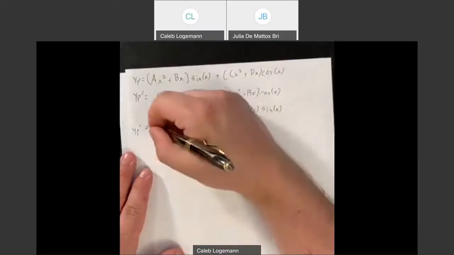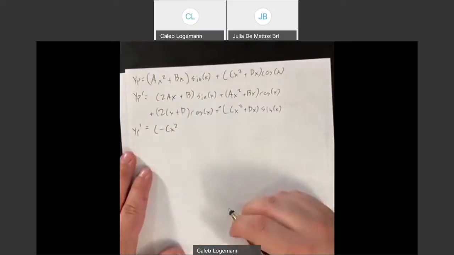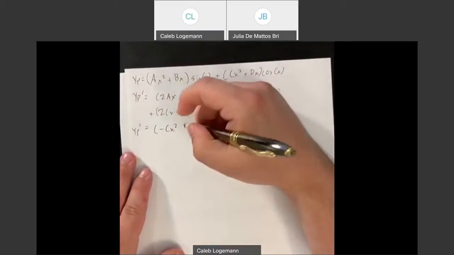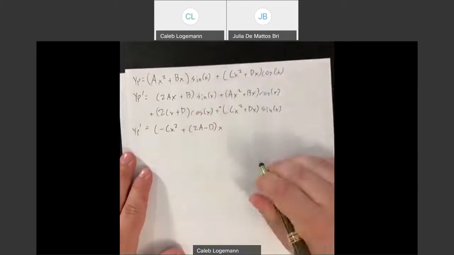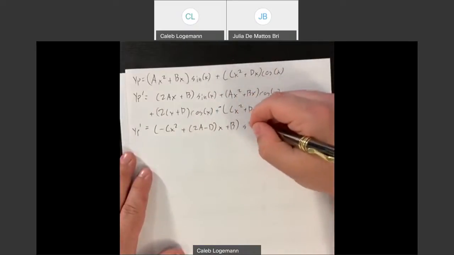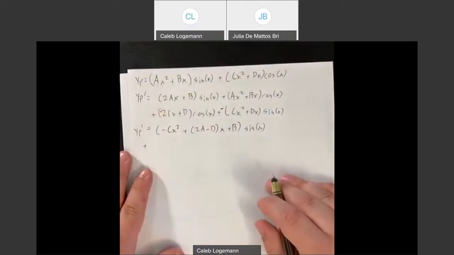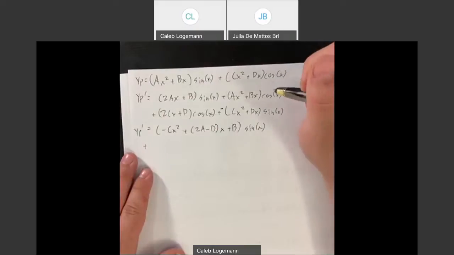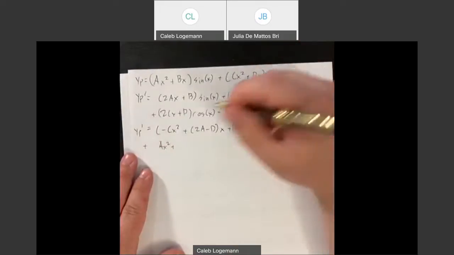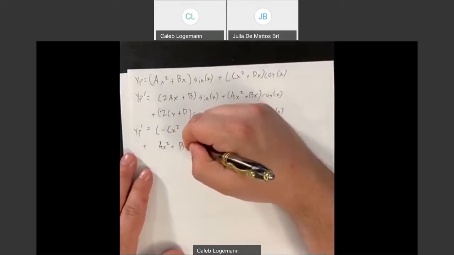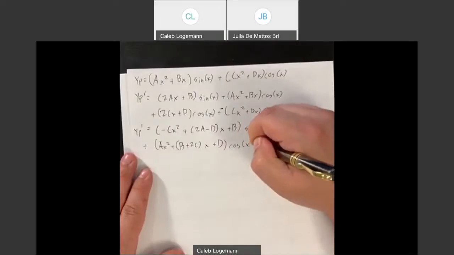So add the sines together. We have minus cx squared plus (2a minus d) times x plus b times sine of x, plus cosine terms. We have ax squared plus bx plus 2cx plus d times cosine of x.